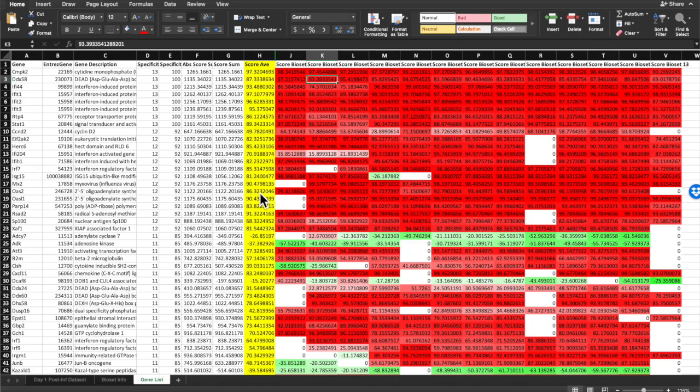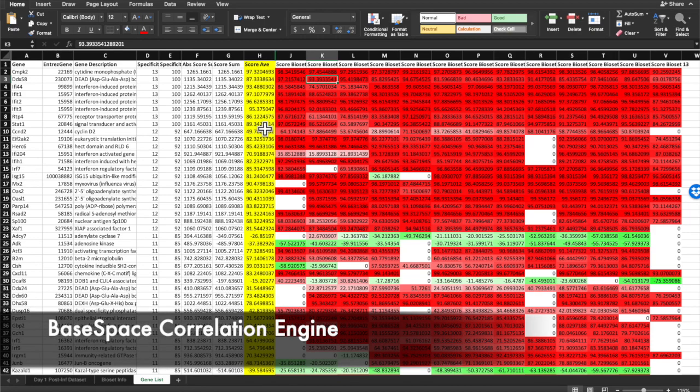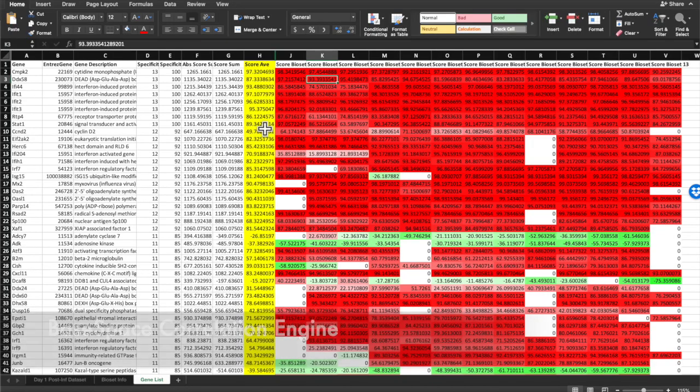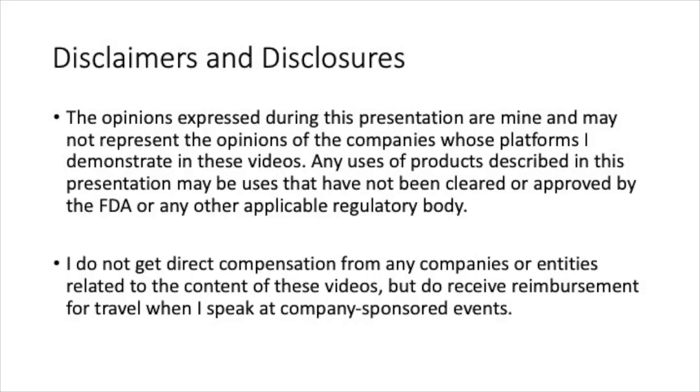Most importantly, we can look for drugs or compounds that can reverse the types of change in expression that we're seeing due to this infection. We can upload these genes and their associated average gene scores into BaseSpace Correlation Engine to probe this signature for biological meaning.